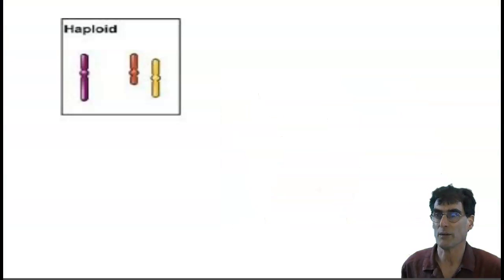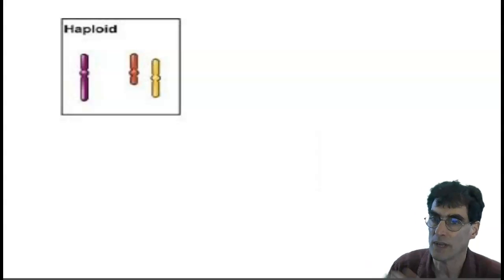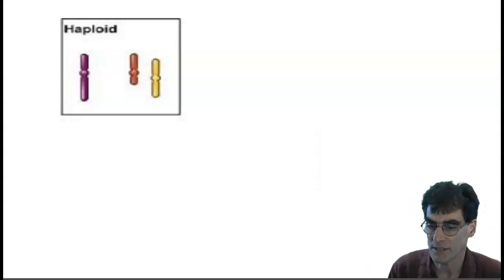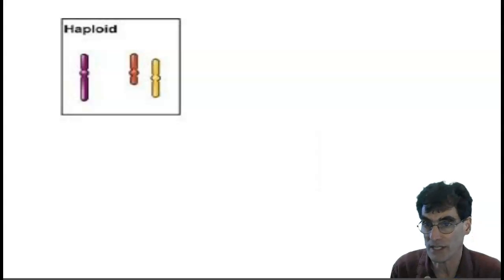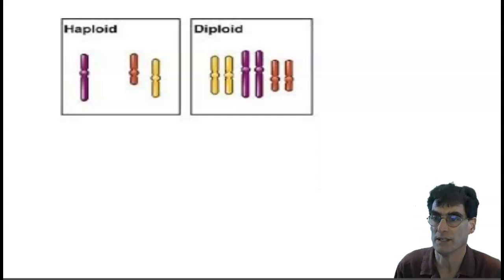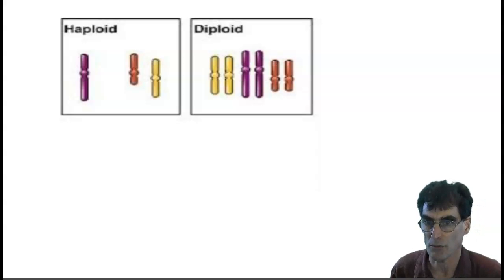So let's talk about that real quickly. We have haploid cells and we have diploid cells. Our haploid cells are our sex cells, the sperm and the egg, where we actually just have one allele from everything. But then they combine into the zygote, and then every one of our cells, except for our sex cells, are diploid cells. You know that, it has two sets of chromosomes.